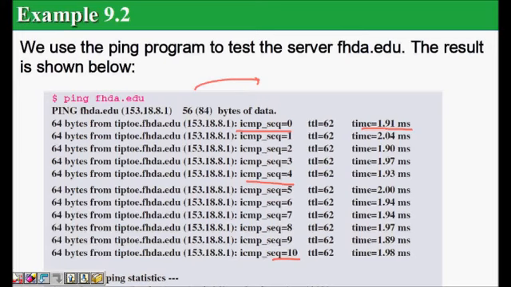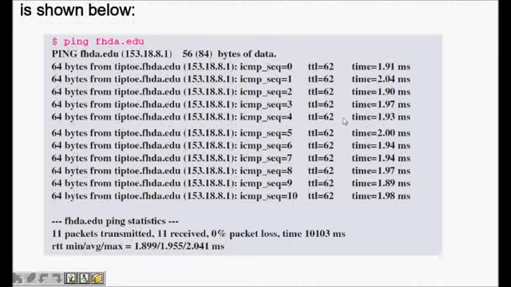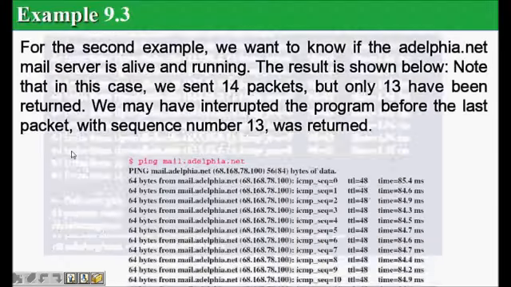Then it gives the statistics: 11 packets were transmitted, 11 were received, 0% packet loss, time 10103 milliseconds. The RTT minimum, average, and maximum: the minimum round trip time was 1.899 milliseconds, the average is 1.955, and the maximum is 2.041 milliseconds for the ping to go and the reply to come back.